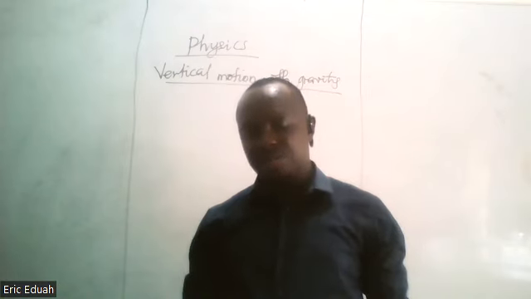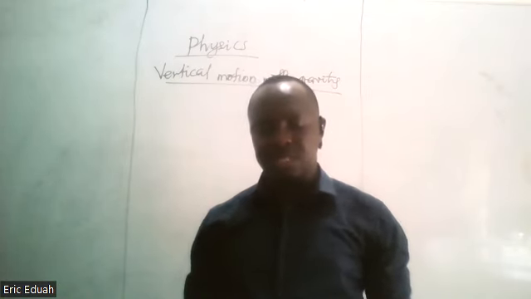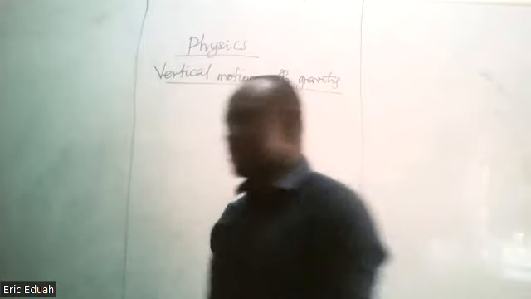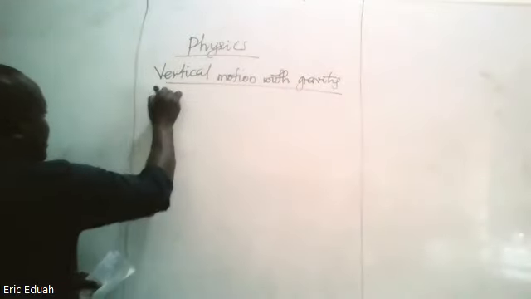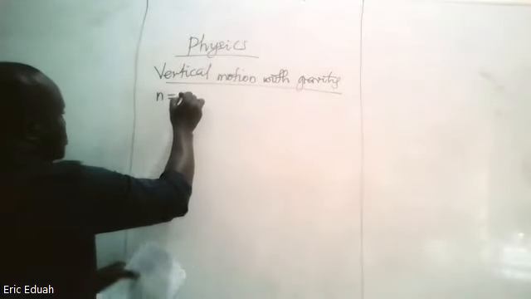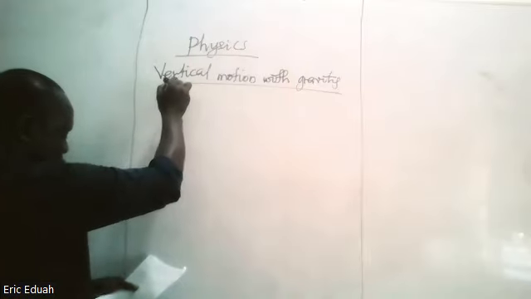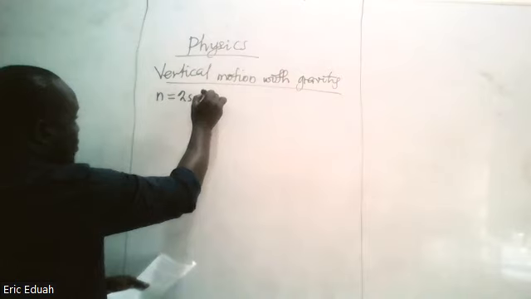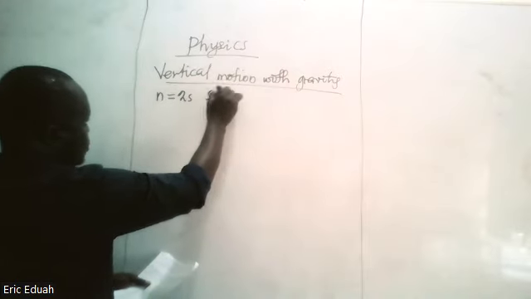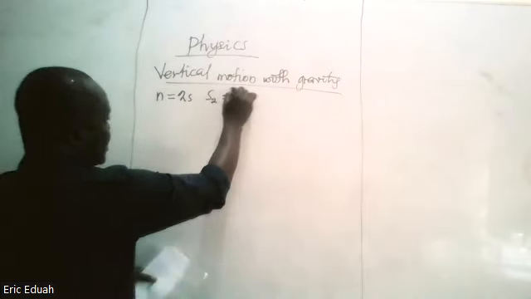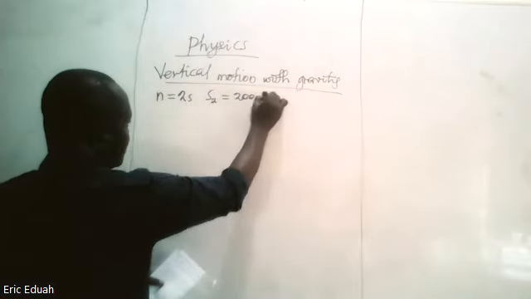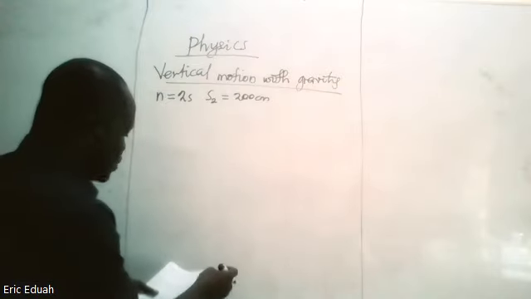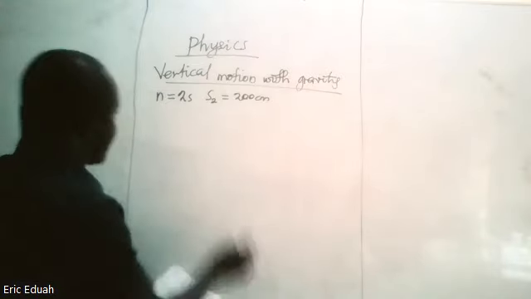Okay, so a body travels 200 centimeters in the first 2 seconds. So n is equal to 2 in the first 2 seconds. We are told that S2, it travels 200 centimeters, and 420 centimeters in the next 4 seconds.